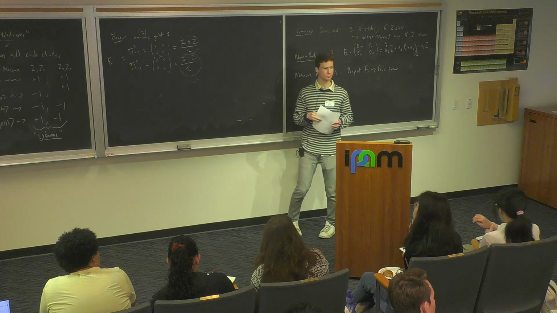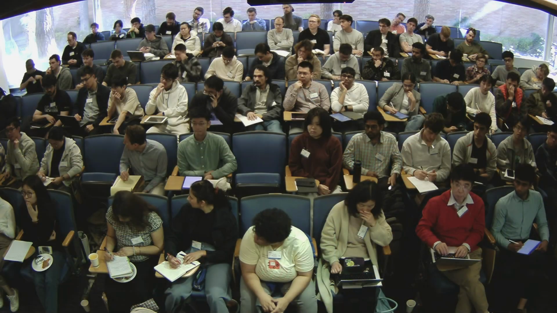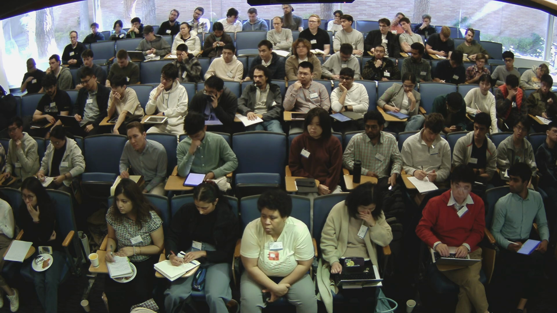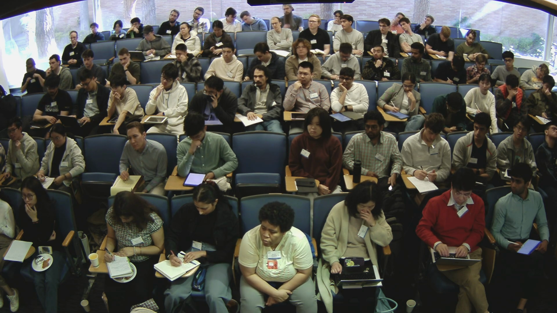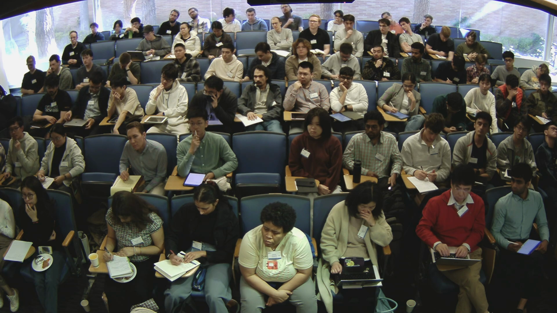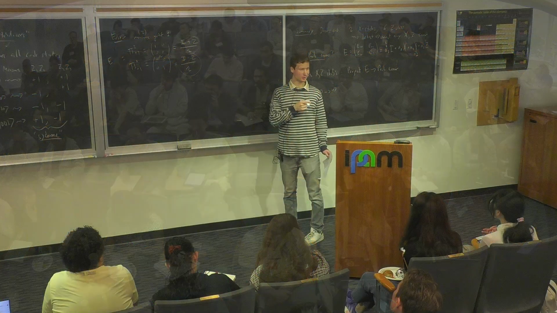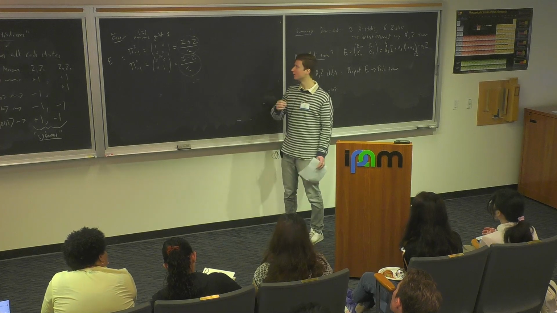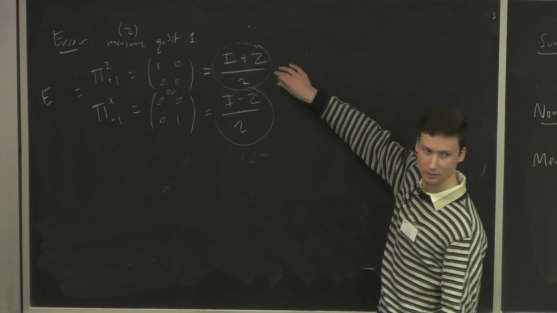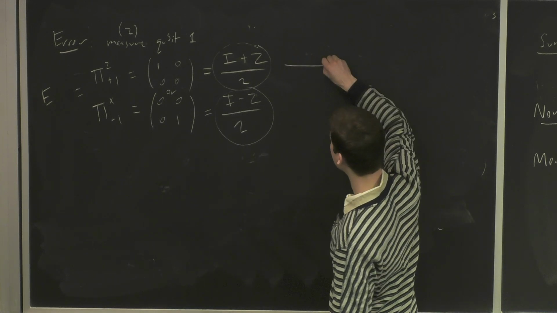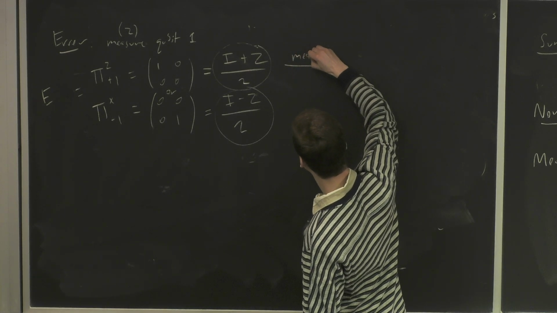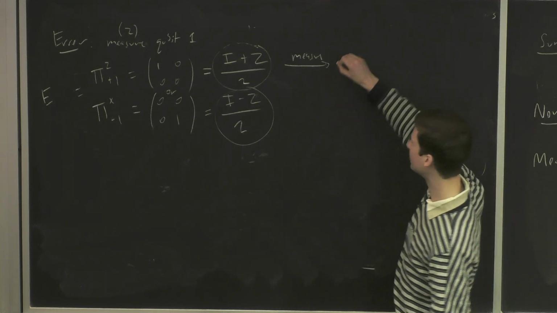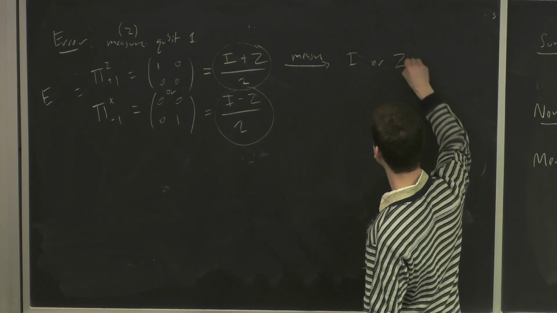Quick question. Does the sign between I and z matter, in terms of possible errors? Great, this is also a great question. The point here is that we can forget about the sign after doing our syndrome measurement. This is our error. Then we measure our syndrome, and that will collapse our error to either I or z.